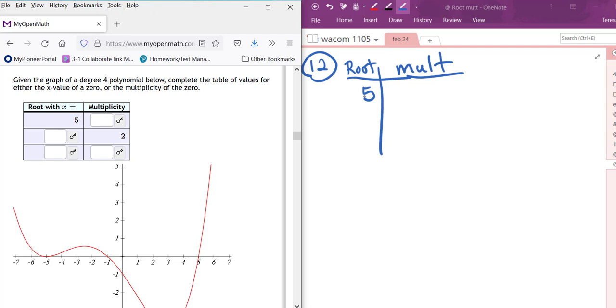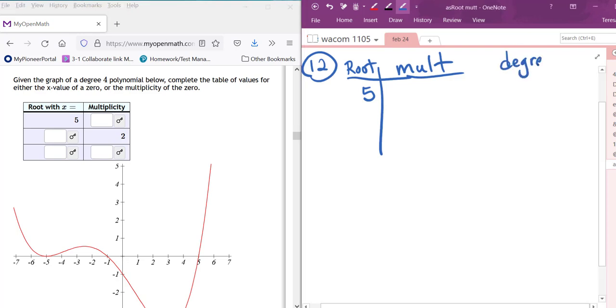The other thing here that we need is the degree is 4. And these will all add up to the degree. The multiplicities will. So we have 1, 2, and this one bounces, so that's going to be 2, 3, 4.